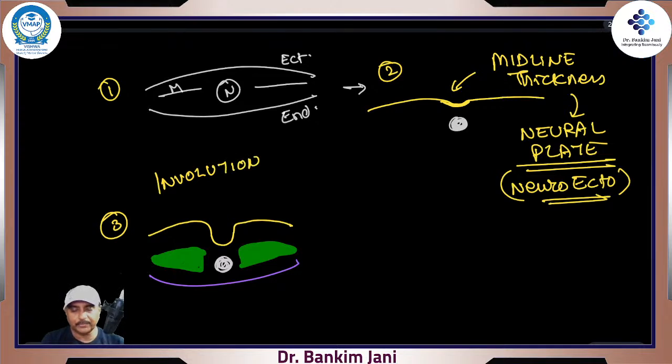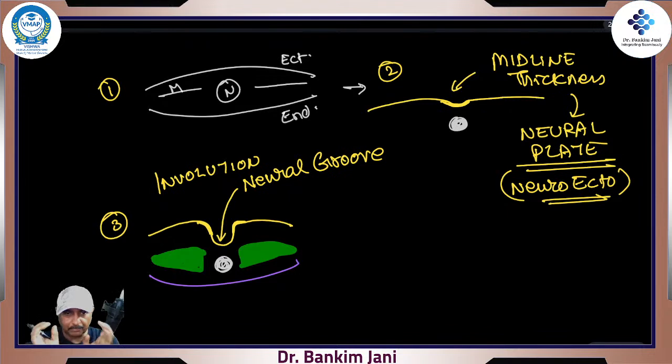More than the process, we are interested in these areas. This is what is called the neural groove. It makes sense, so I'm giving it the name neural groove. But we have very specific interest in this area, the areas which are unfolding and then folding and going inside.